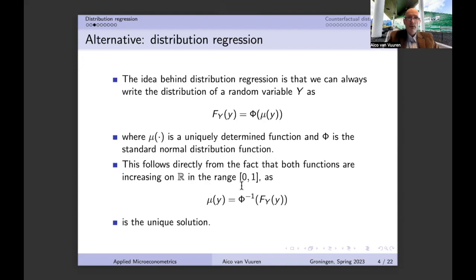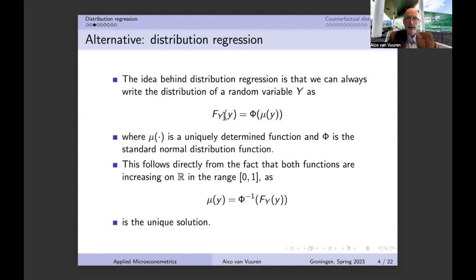Now let me go on with distribution regression itself. What is it? Well, the whole idea behind distribution regression is that it's always possible to write the distribution of a random variable y as what we have here at the left hand side.